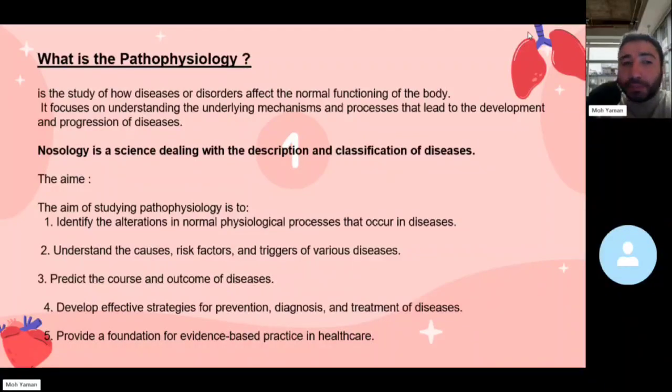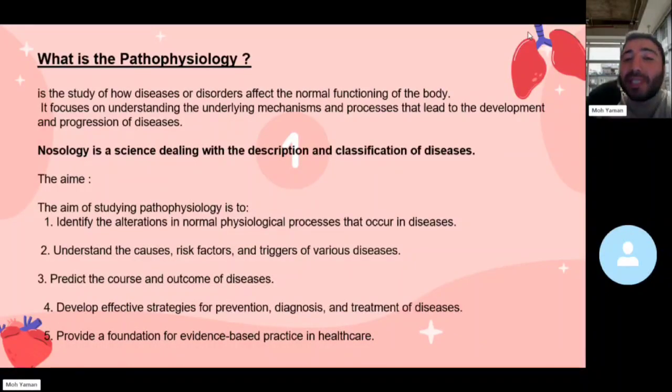Path physiology studies the disease during the life of the patient, let me say. But path anatomy studies the autopsy, or the disease which was the reason of the death. So that's what I can tell comparing between those sciences.